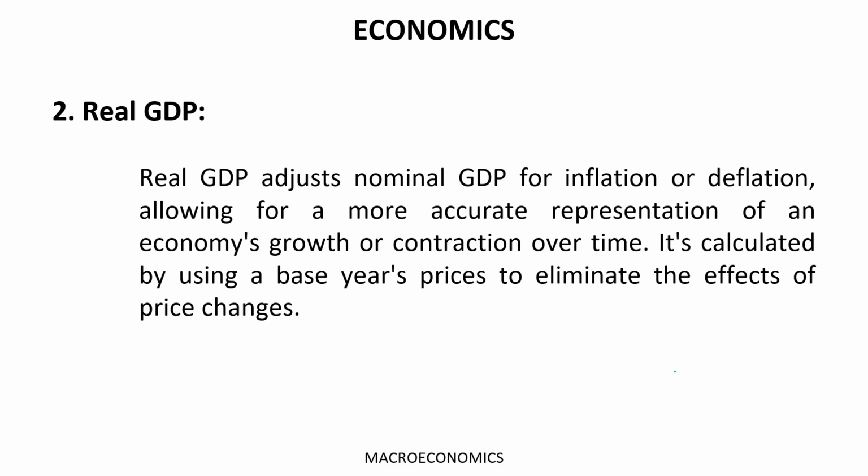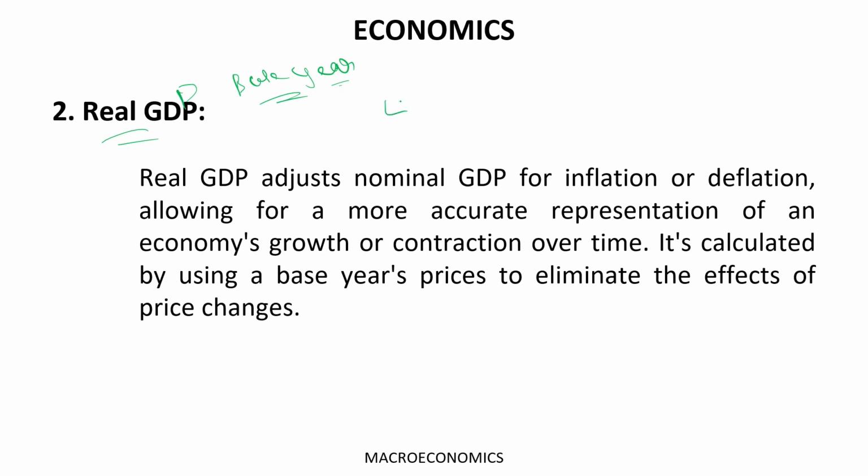All right. Thereafter, now come to the real GDP. Real GDP adjusts nominal GDP for inflation or deflation, allowing for a more accurate representation of an economy's growth or contraction over time. Okay, so basically in real GDP, we use a base year. Now, what is the meaning of base year?